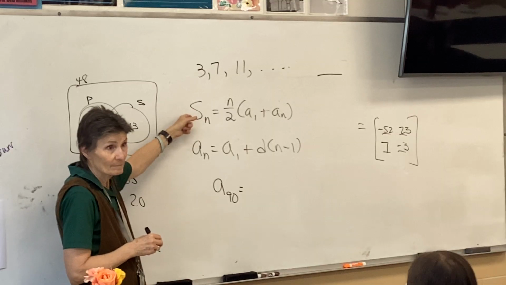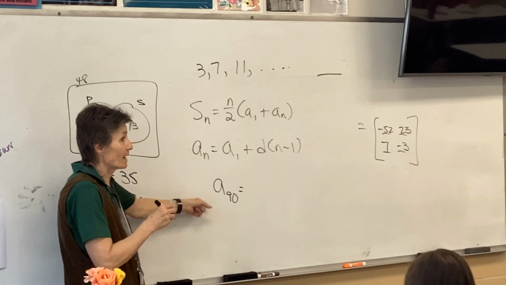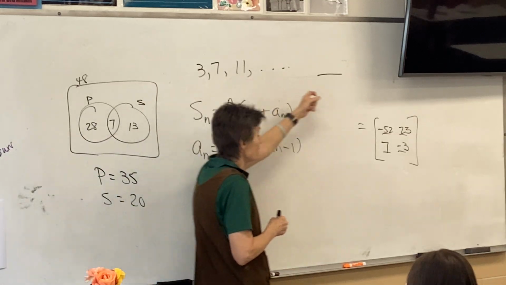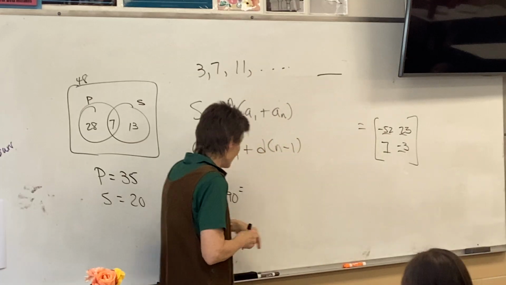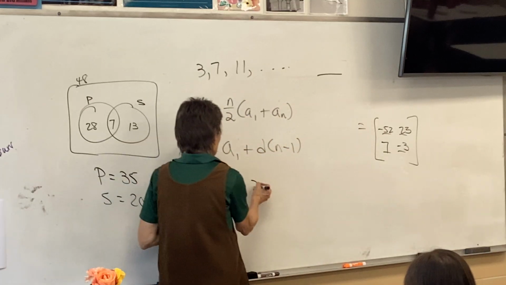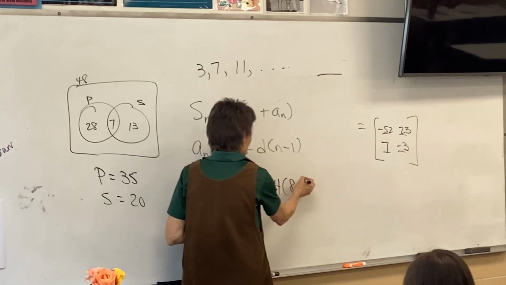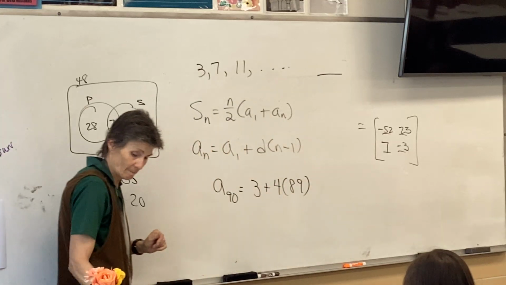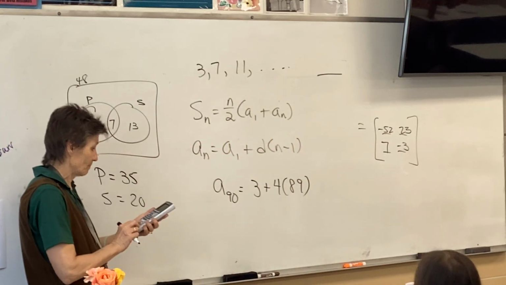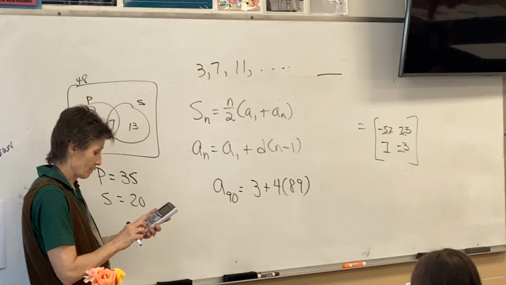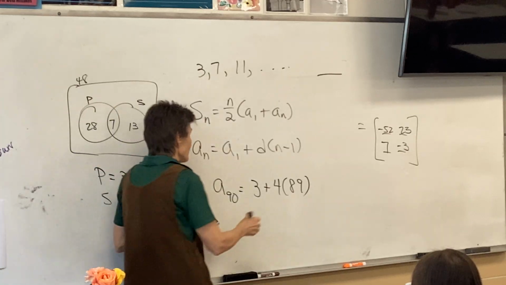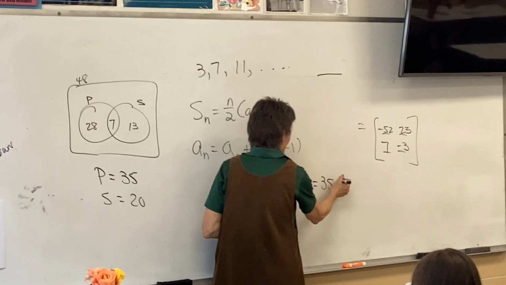That would be that. But the question is day 90. So here's day 1, day 2, day 3, here's day 90. How do I find it? I take 3 plus 4 times 89. Using my formula. 359. She did 359 that day.